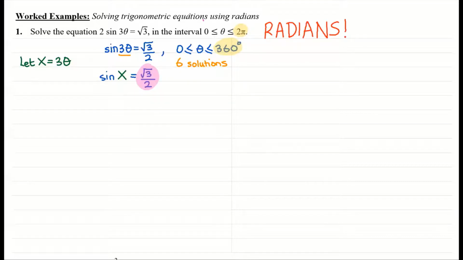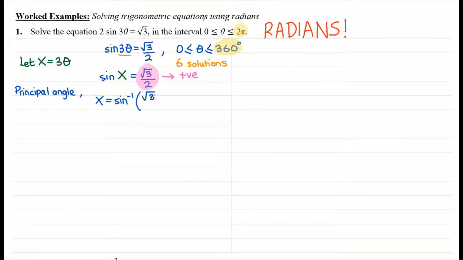That means I don't have to take away the negative sign when I'm doing the principal angle. That's really important. So let's find the principal angle now. I can just do the inverse sine. So the principal angle X is equal to the inverse sine of root 3 over 2.